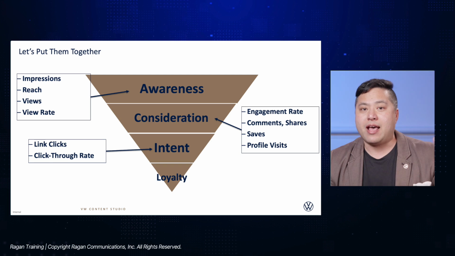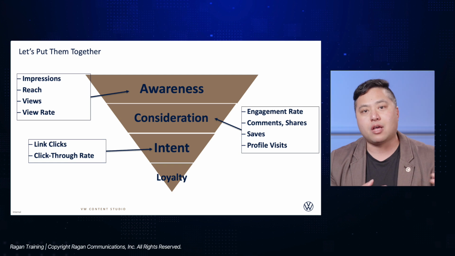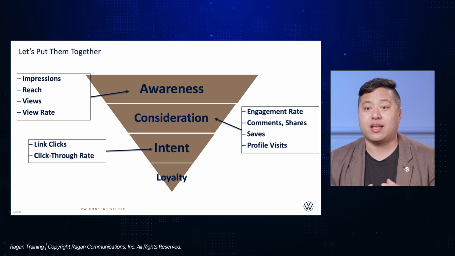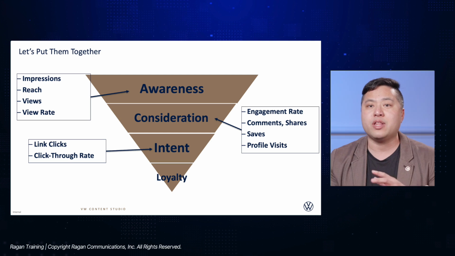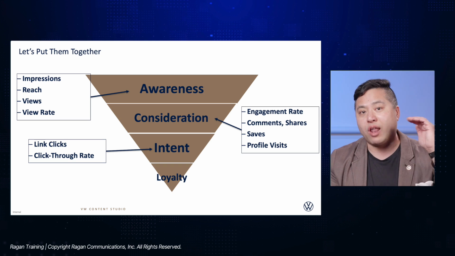Now, as you start going down that social journey, you can start taking into consideration those other deeper metrics like views and view rates as an indicator of the quality of engagement. So when you think about all these different metrics, what you're essentially doing is trying to prioritize. The ones that are the most relevant to your business objectives become your KPIs.